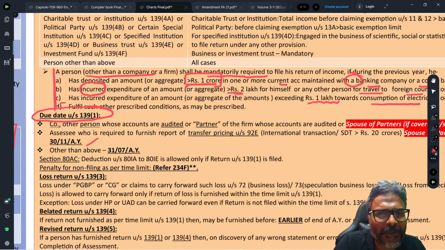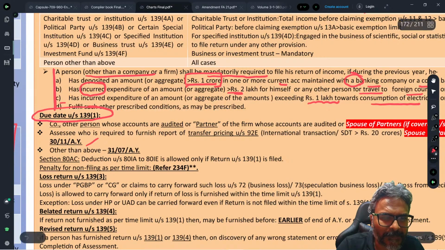The due date, we all are aware, is 30th of November of that particular assessment year. But the transfer pricing report, the accountant's report under 92E, should be filed by 31st of October. Is that clear to all of you, students?